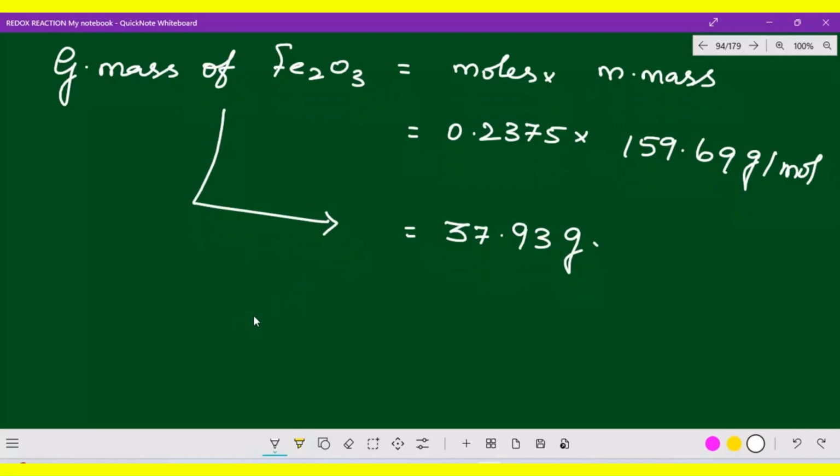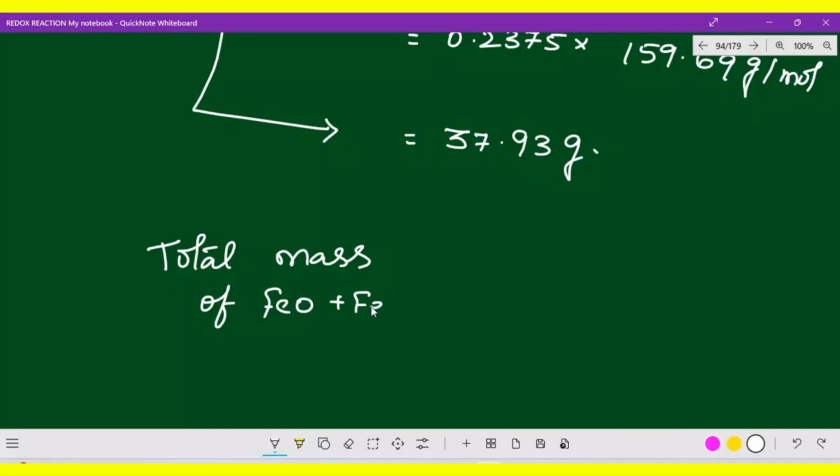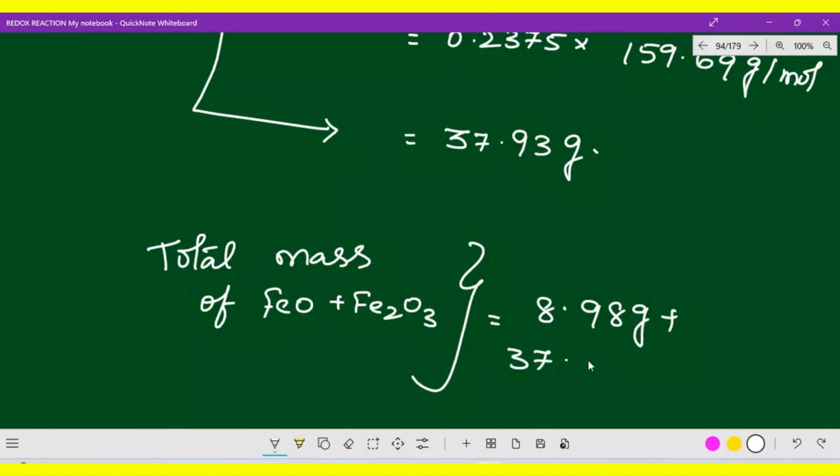Right, now both the masses we have to sum. Total mass of FeO plus Fe2O3, that means here 8.98 gram plus 37.93 gram.